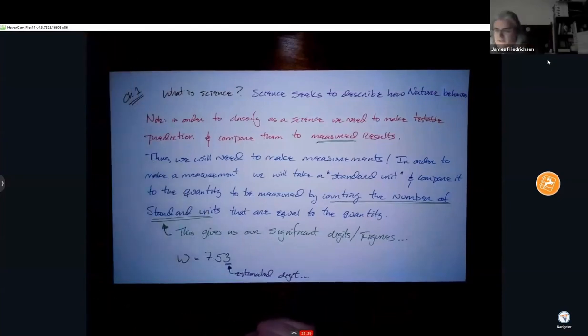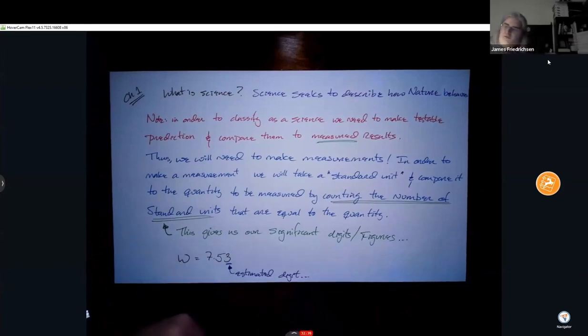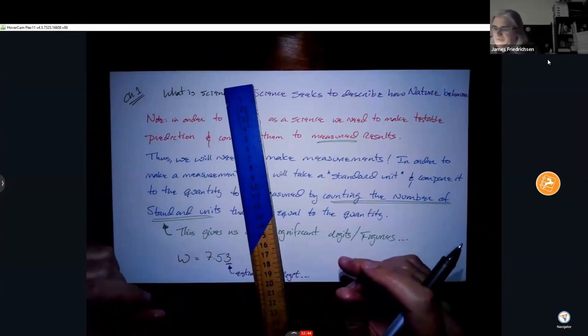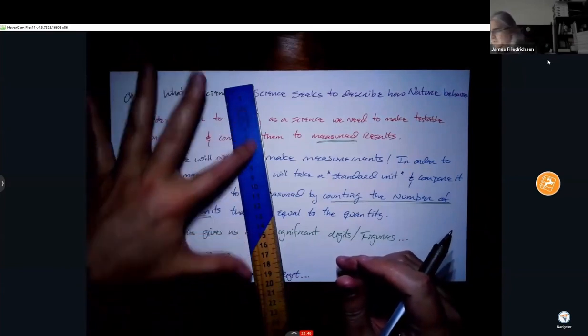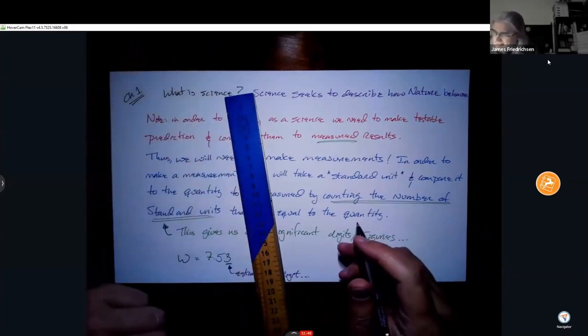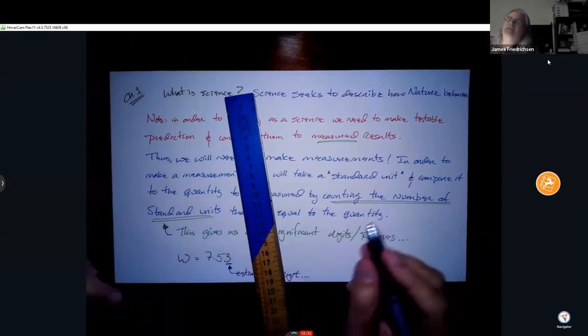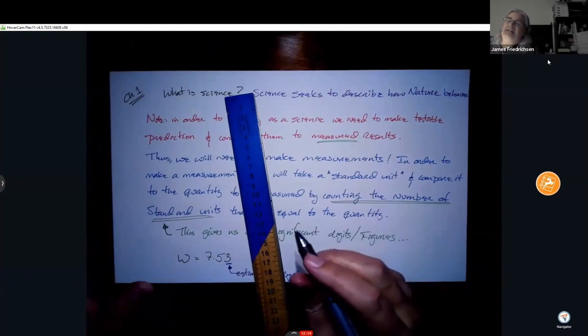And so to account for the fact that we estimated that one instead of exactly counting it, we put on what they call an uncertainty. One of the standard rules that we go by is that when you have a device like this, standardly the uncertainty would be plus or minus half the finest division.